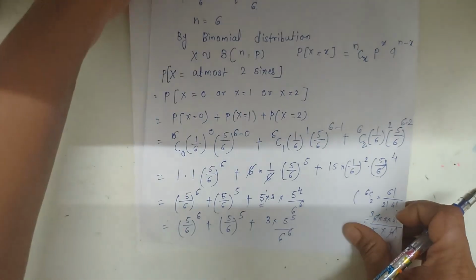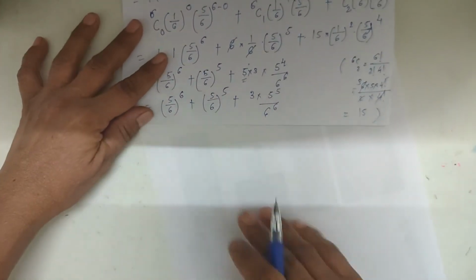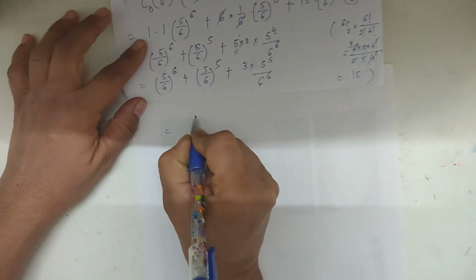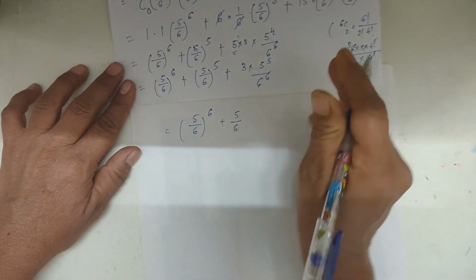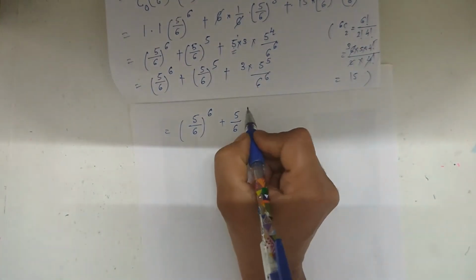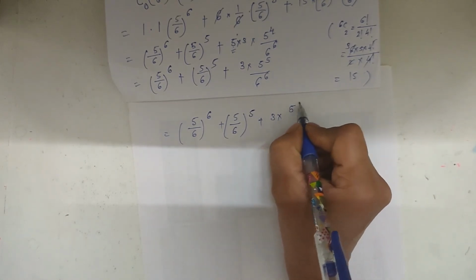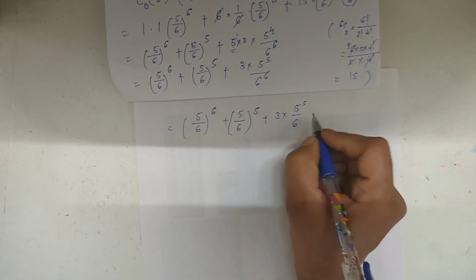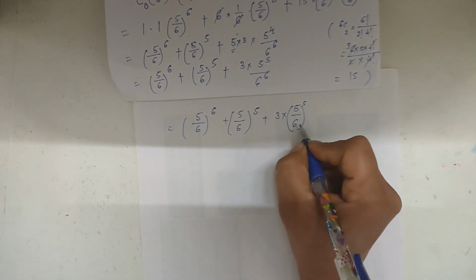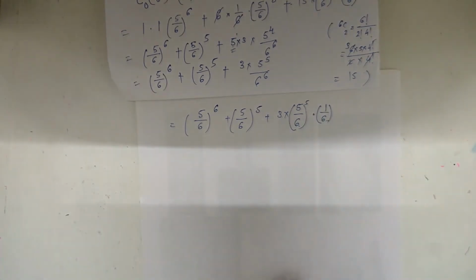Now again 5 raised to 6 upon 6 raised to 6 plus 5 raised to 5 upon 6 raised to 5 plus 3 into 5 raised to 5 upon 6 raised to 6. This can be written as 5 by 6 raised to 5 and 1 by 6 separately.